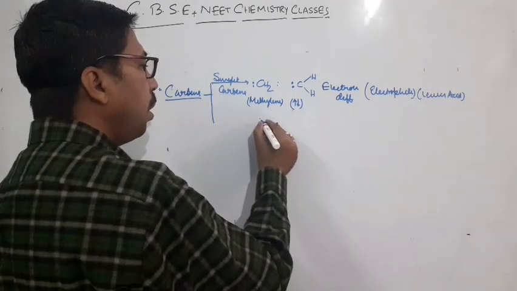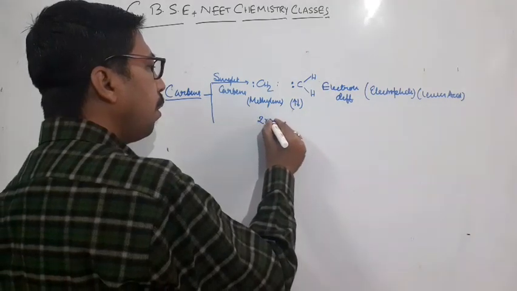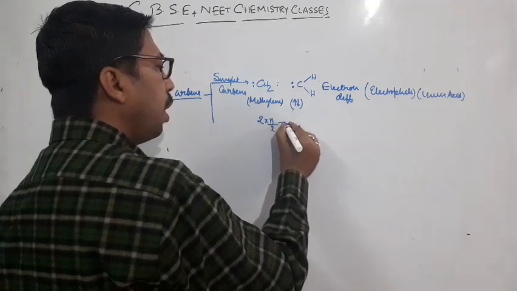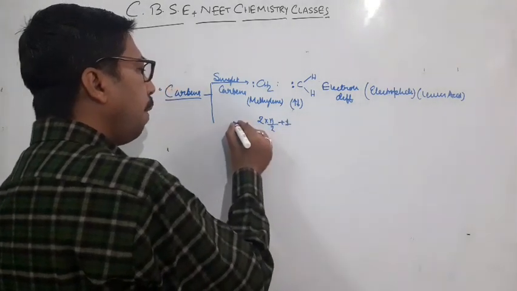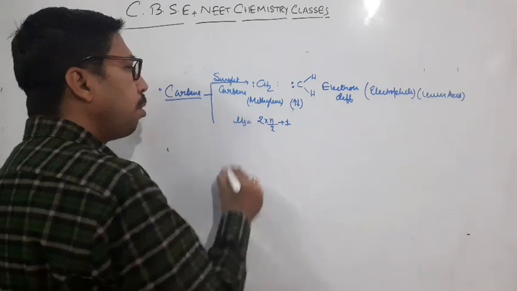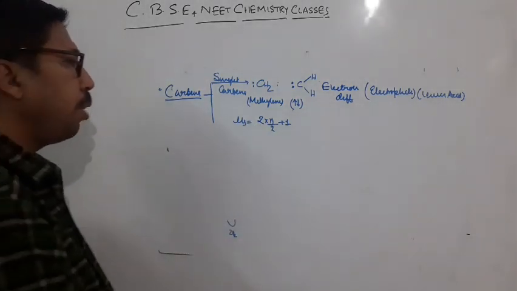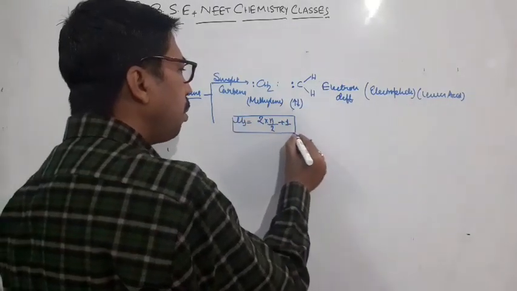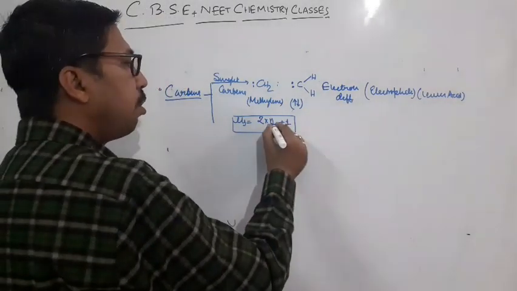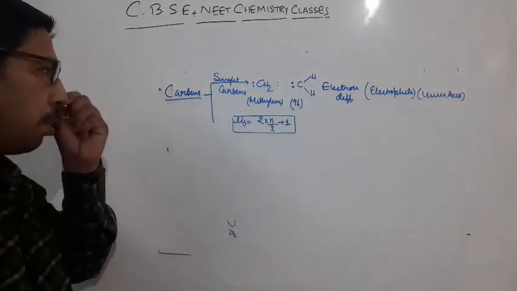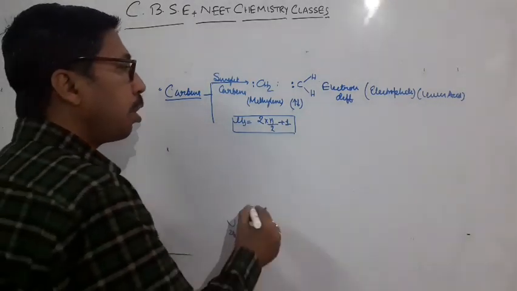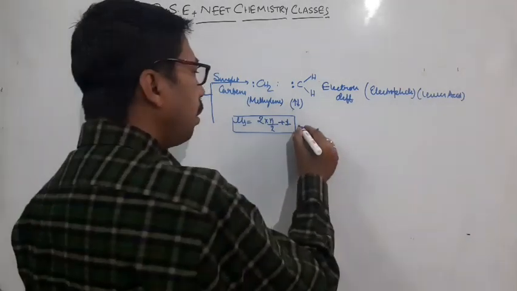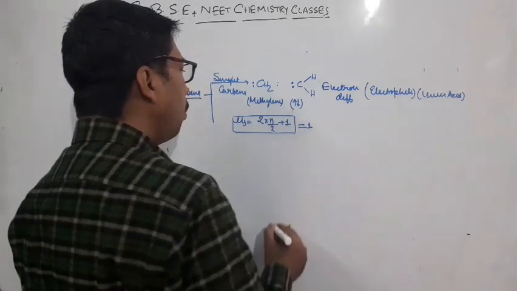Spin multiplicity is known as 2 multiply n by 2 plus 1, mu s simply represent the spin multiplicity, and if you represent like this, then there is no unshared pair of electron, no single electron, so the value of n will be 0 and the multiplicity will be 1.